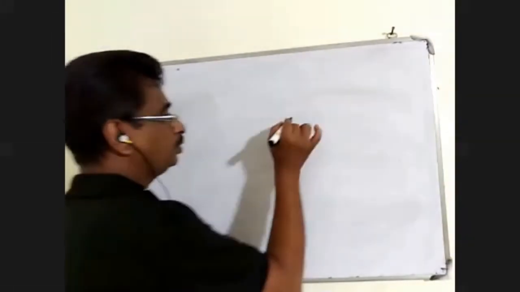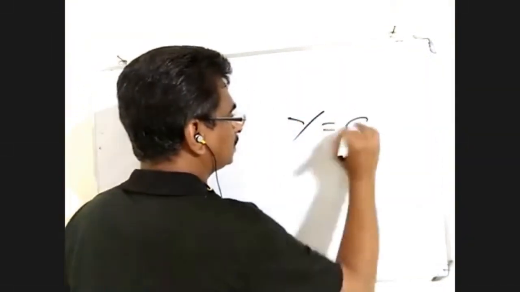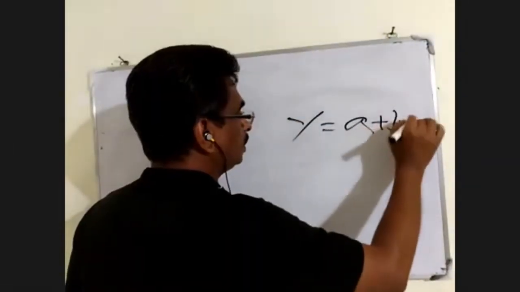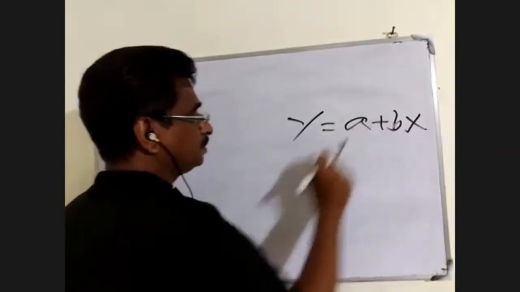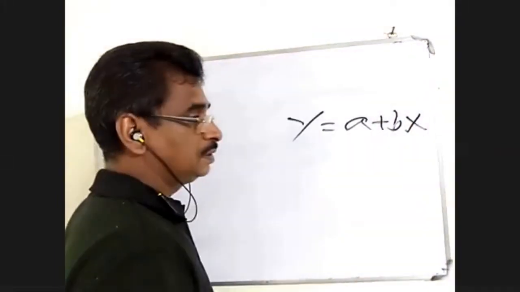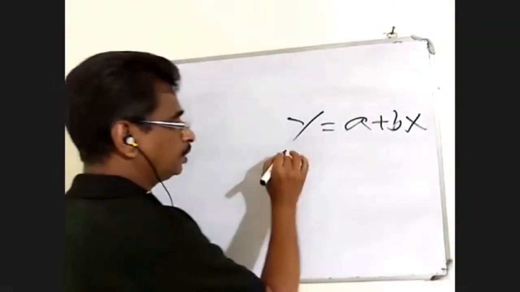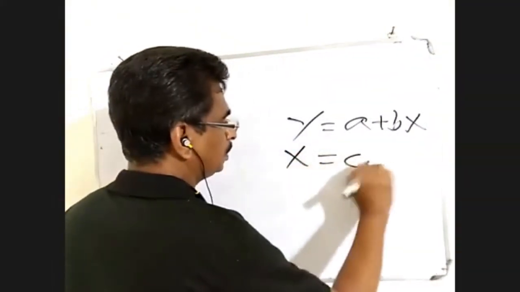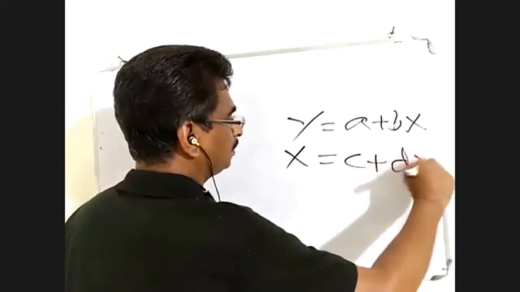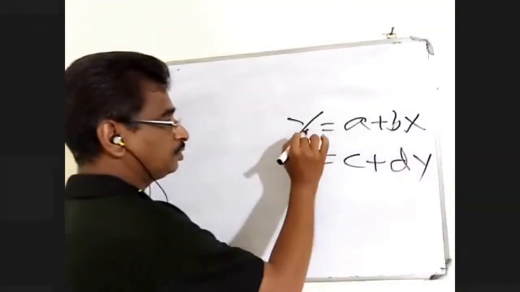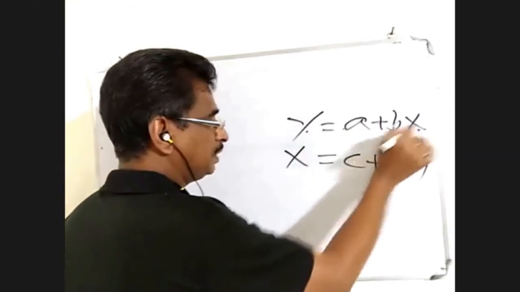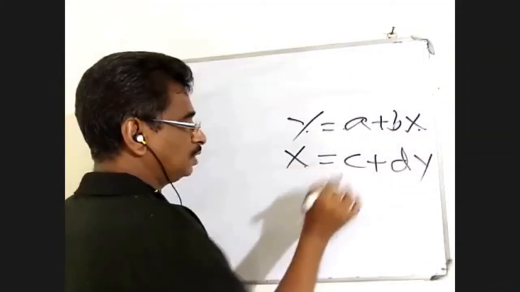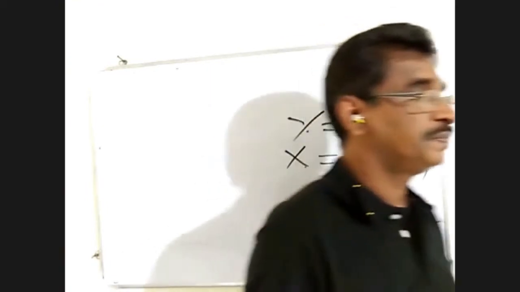The regression equation of y on x is of the form y is equal to a plus bx, and the regression equation of x on y is of the form x is equal to c plus dy.